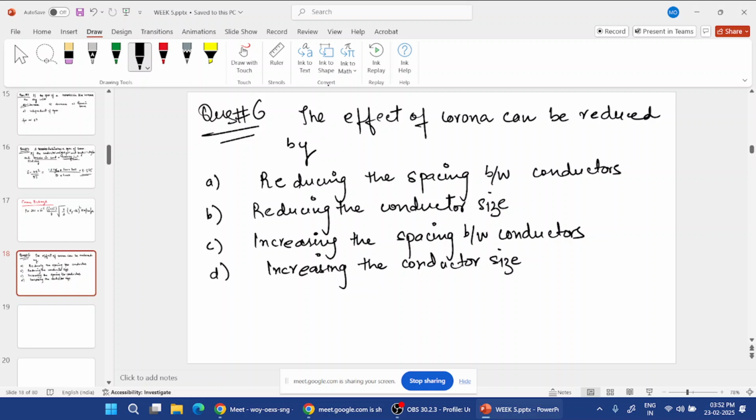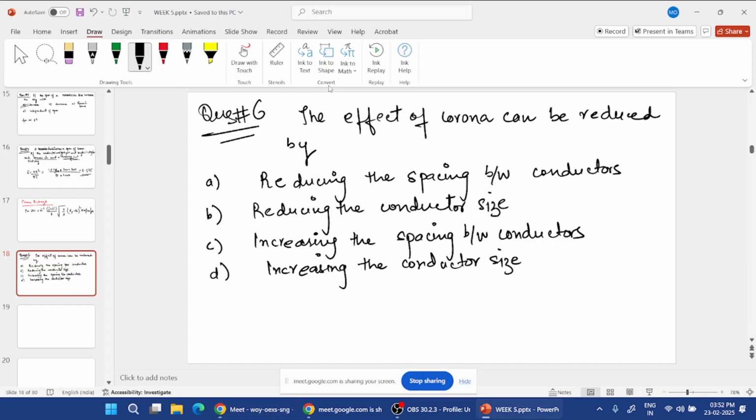So tell me which of these options are correct. It may be one or more than one. Write in the chat box whether it is A, B, C, D, or A or B, C or D, whatever it is.